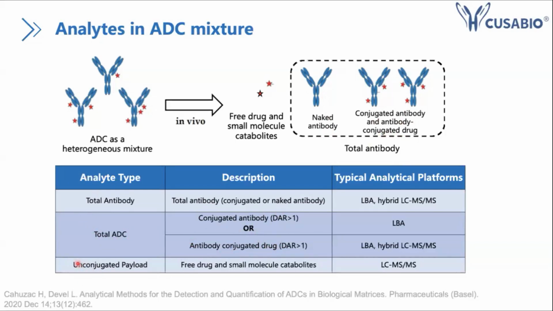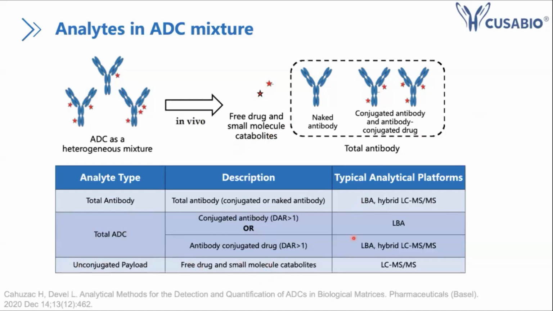And the third analyte is the unconjugated payload, which is the free payload. It means that this drug has been completely detached from the antibody portion. And then we will group them together, especially some of the metabolites that have been degraded from the drug. So we will group them together as the third analyte.